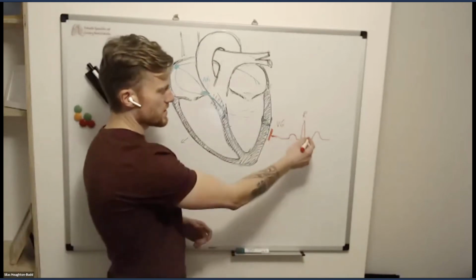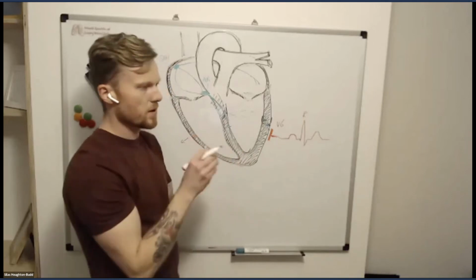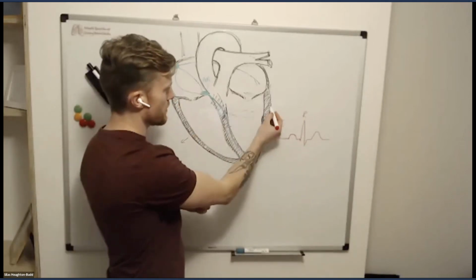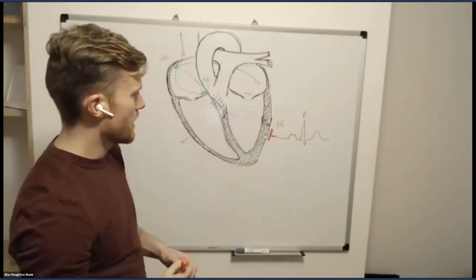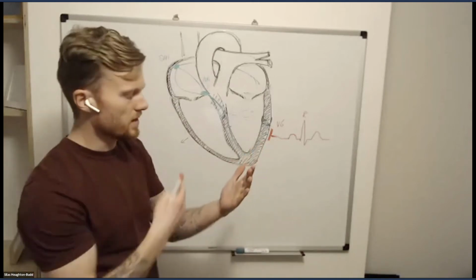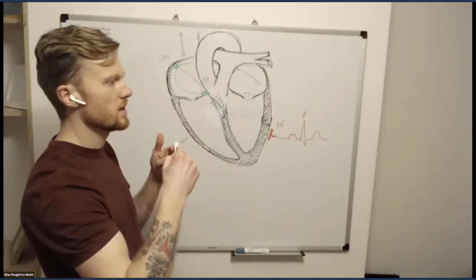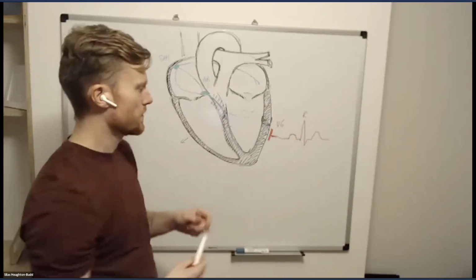The reason it's positive and not negative is that whilst the depolarization wave goes from the endocardium to the epicardium, the repolarization wave happens to go in the opposite direction. The analogy I like to talk about is that of a line of dominoes. If you set up a line of dominoes, you can flick the first one and that will automatically cause a wave of dominoes falling over one after the other.